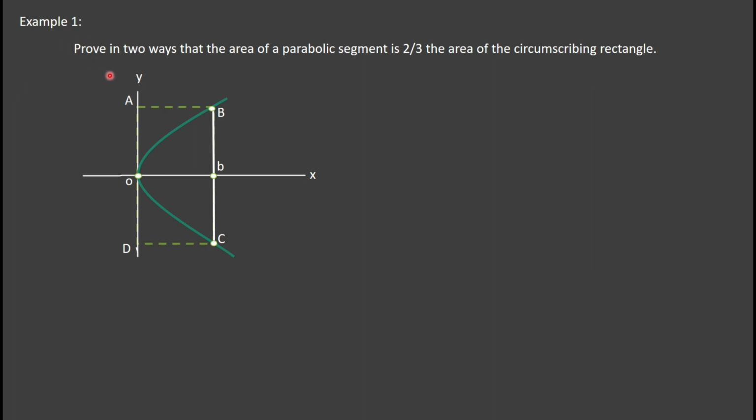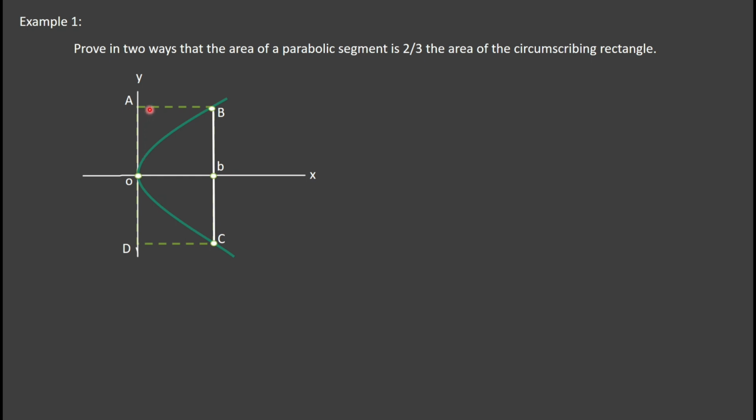Consider this example, problem number one. Prove in two ways that the area of the parabolic segment is two-thirds the area of the circumscribing rectangle. This would be the illustration, or the figure. The parabola here opens to the right.